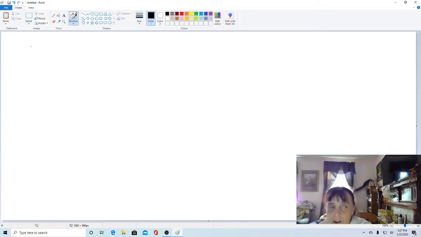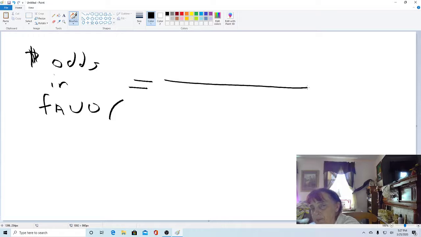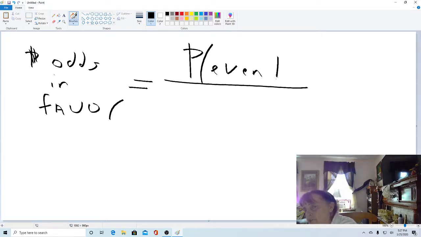So the odds in favor, okay, odds in favor is the probability of the event. I have on the handout a probability in favor, but there should be odds in favor, divided by 1 minus the probability of the event.